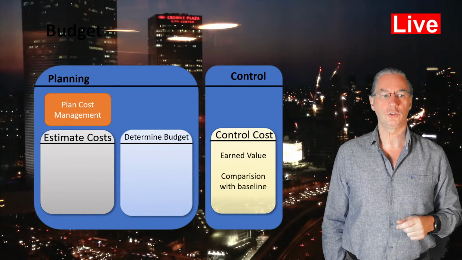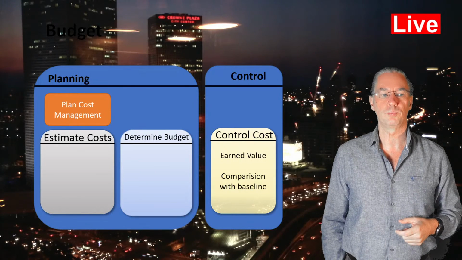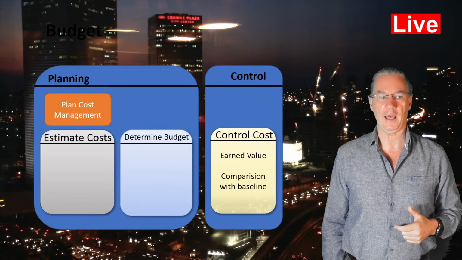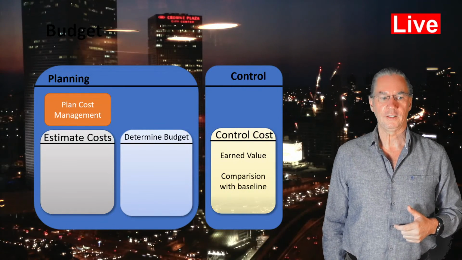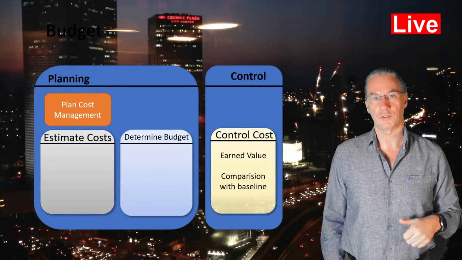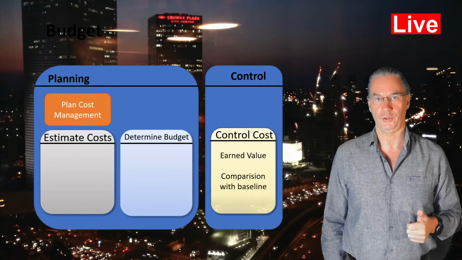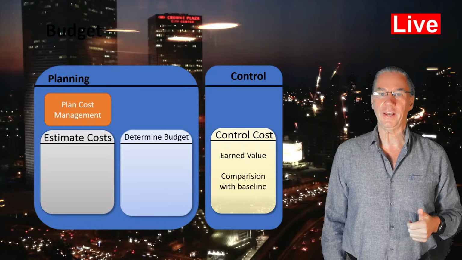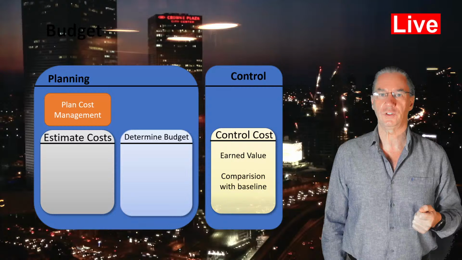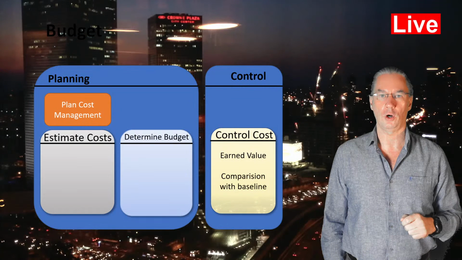That's why you see determine budget being part of the group represented here in blue, which is the planning. The output of the budget is first of all the approval from the management or the stakeholders, and then the important thing is that the budget gives us a reference for how the spending is going to occur in the project.